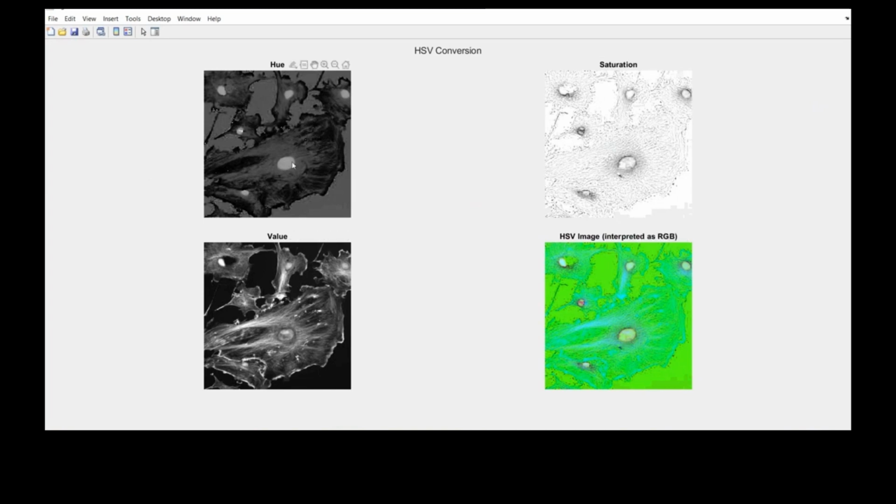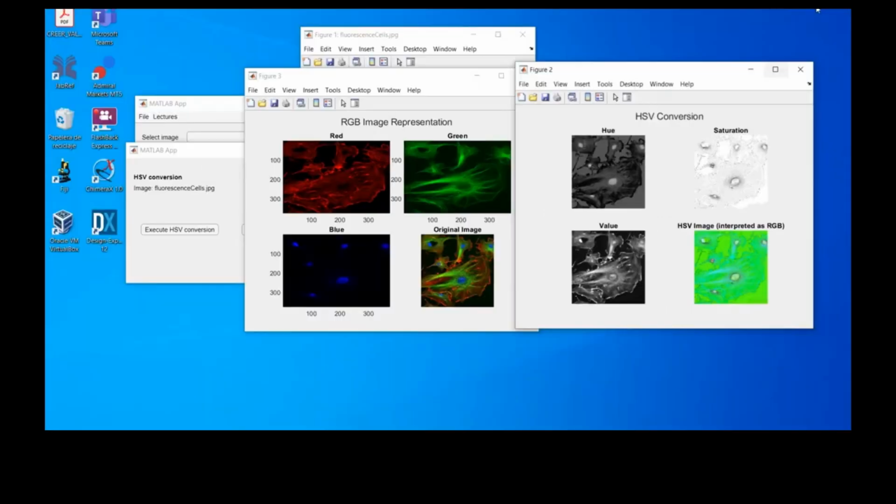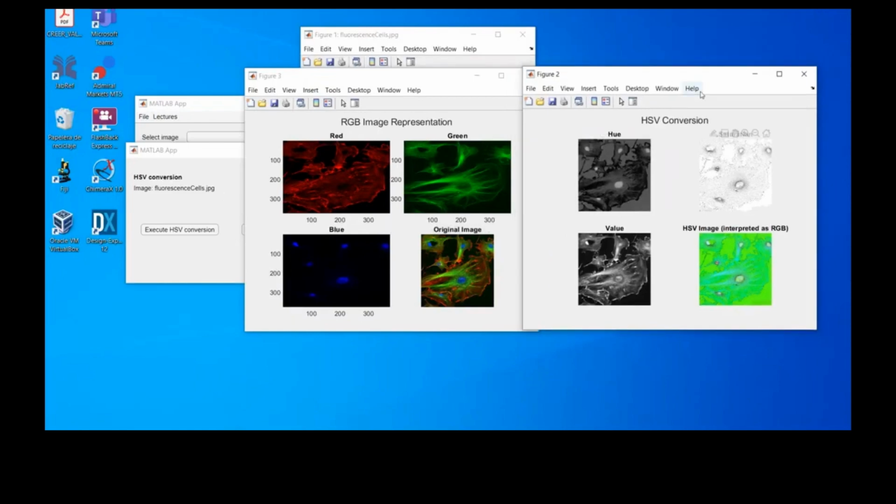So you see this is the red, this is green, and that is why most of the image looks like green, and then blue. But it is just a matter of representation. It is not that this image is this one. It is only that if you now play with these planes and you put them as RGB, it looks like the deformation is the same. You have not lost any single bit of information.